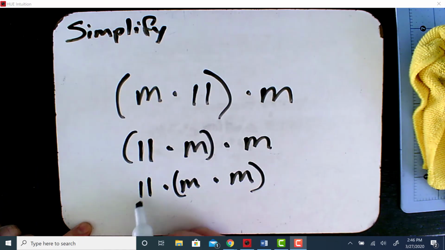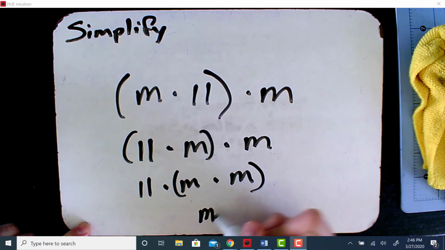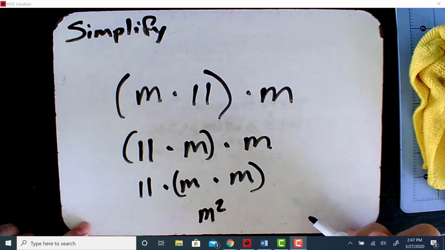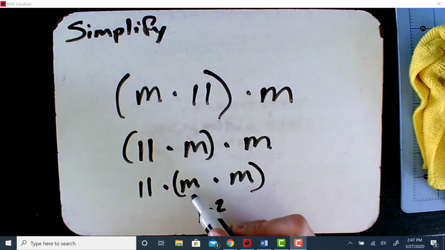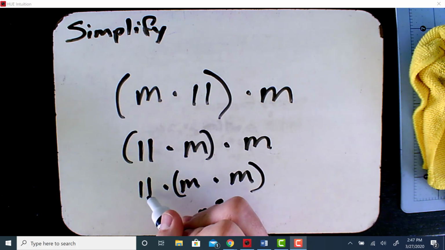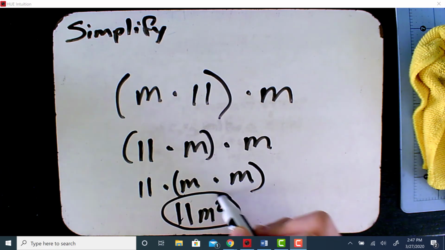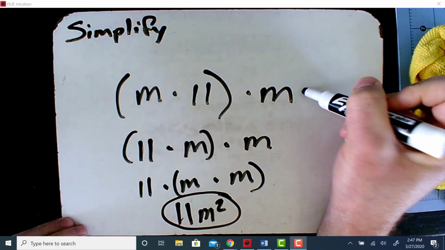So m times m can actually be written as m squared, or m to the second power, because that's what m to the second power would mean, m times m. And 11 times m squared is my simplified version of our original expression.